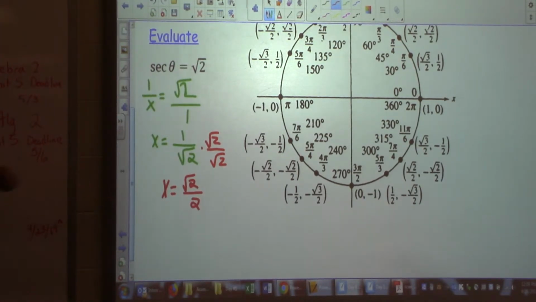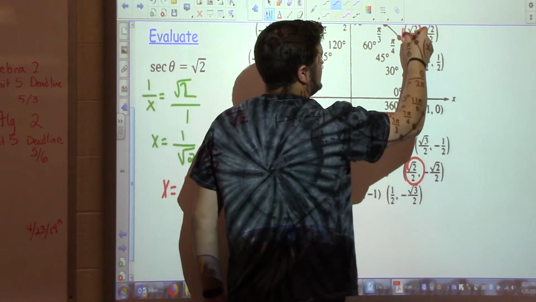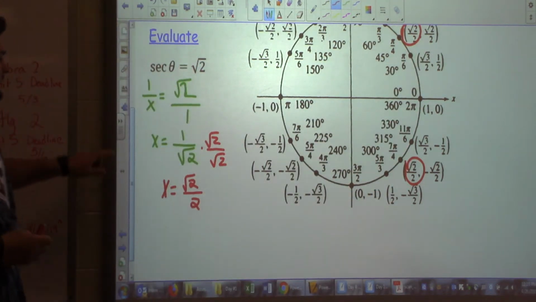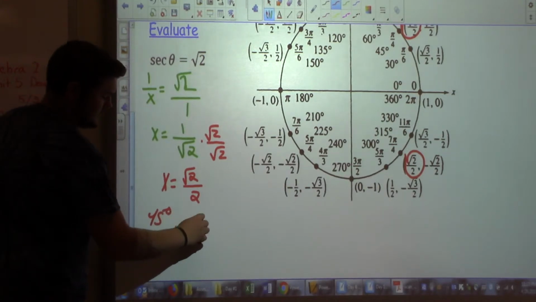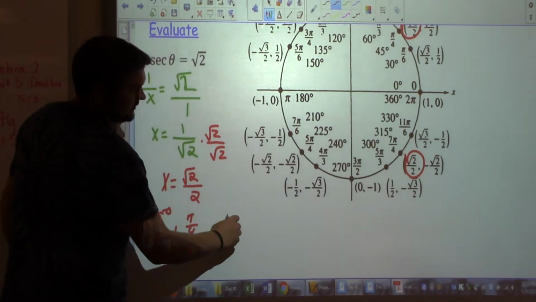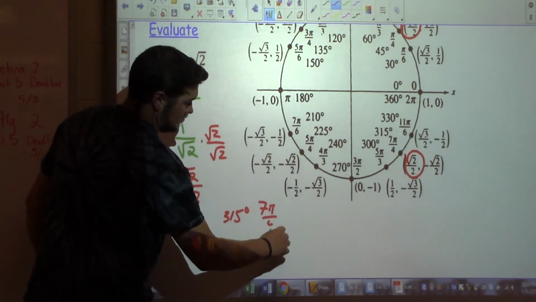Now I can guarantee you that one's on there. So look for square root of 2 over 2. 45 degrees, pi over 4. And 315 degrees, 7 pi over 4.